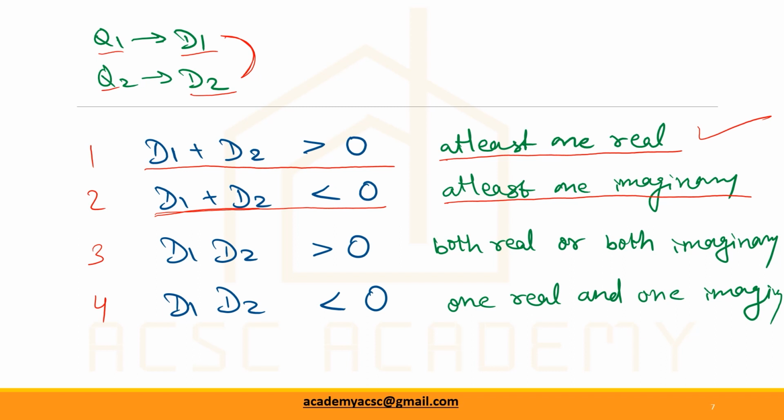Now coming to the product, if the product of D1 and D2 is positive, we again get two cases: either both are positive, so their product will be positive, or both are negative, then also their product will be positive. So these are the two cases. If it is this particular case, then both roots are real.